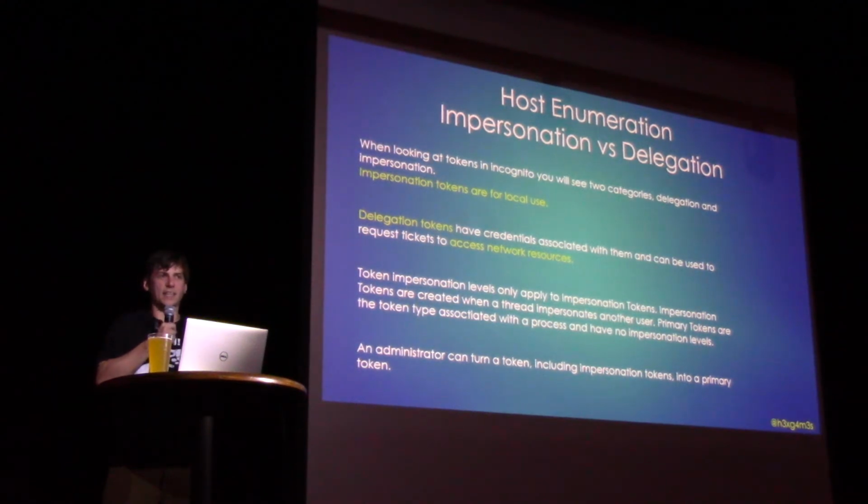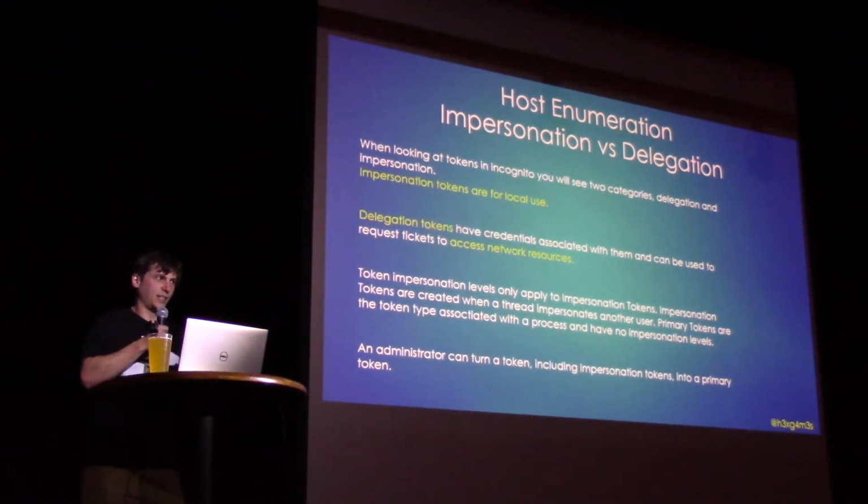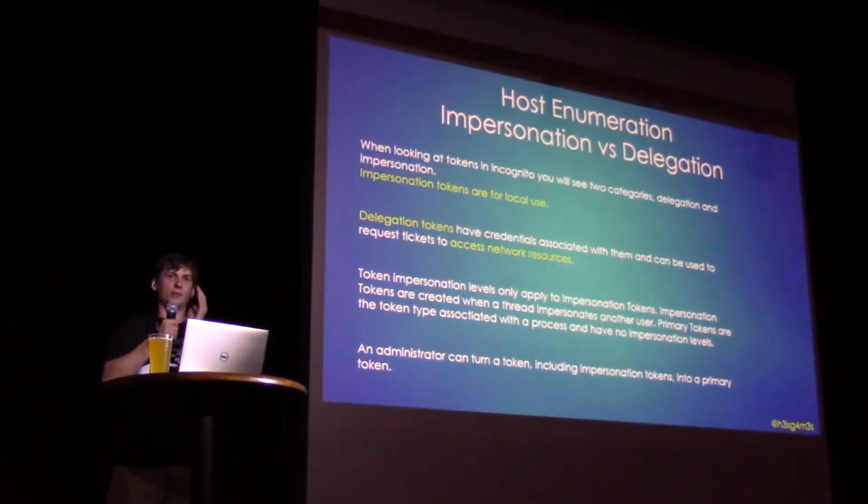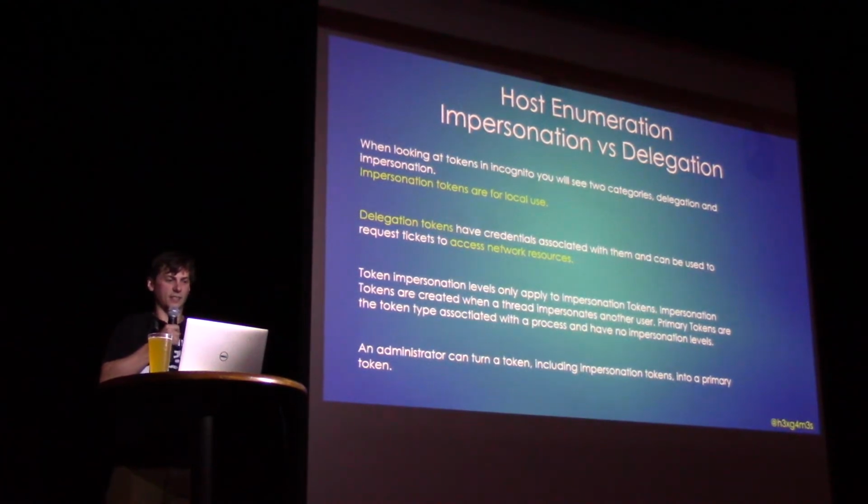Like they needed to access a file, so that token might only be good to access that file as that user. Delegation tokens mean they typed in credentials, so we have those credentials with us, and we can then basically act like them on the network as a whole. And if that user generally has local admin access on a bunch of boxes, I can use that delegation token to get that local admin access on those other boxes.